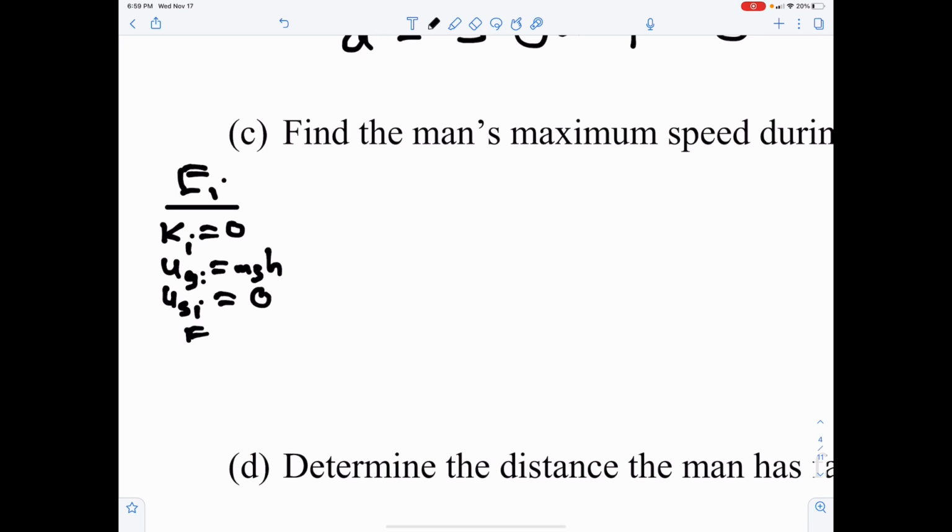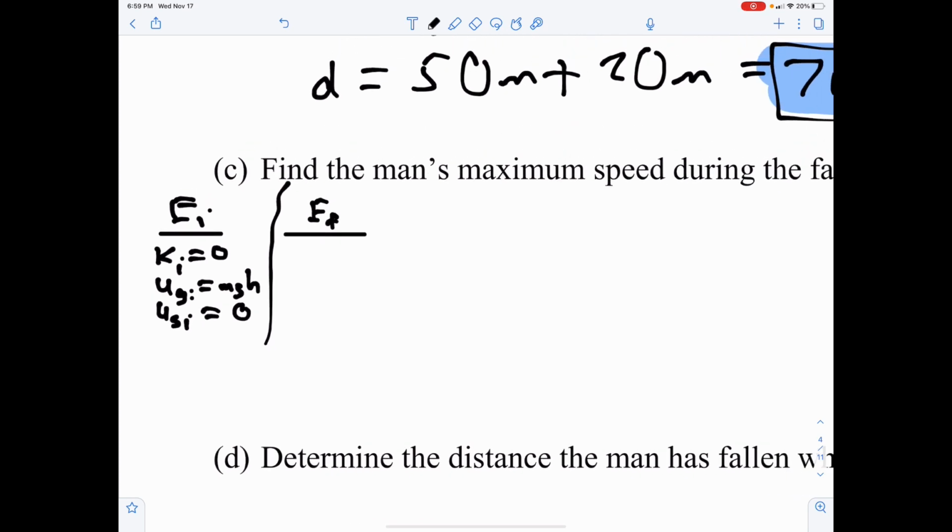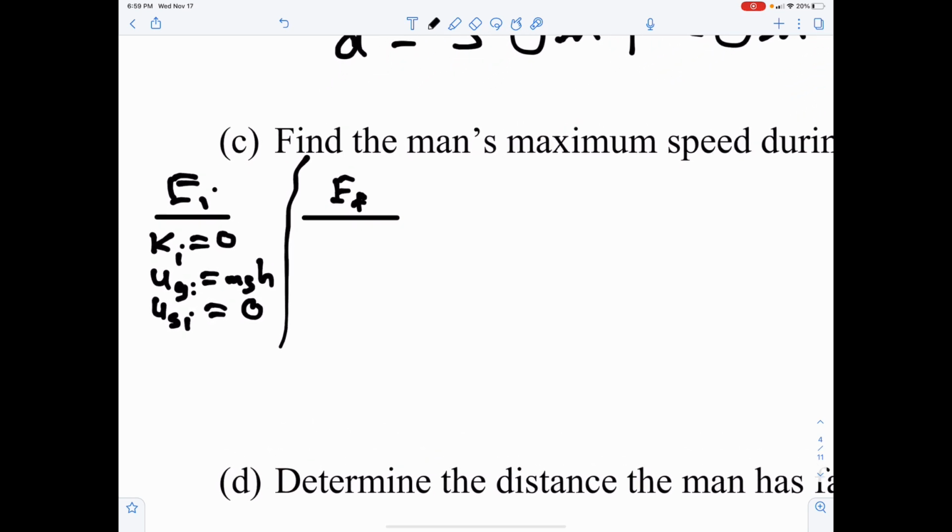The final energy, which I'll write over here, would be at the point where maximum speed is happening. You have kinetic energy, so we have 1/2 mv squared.